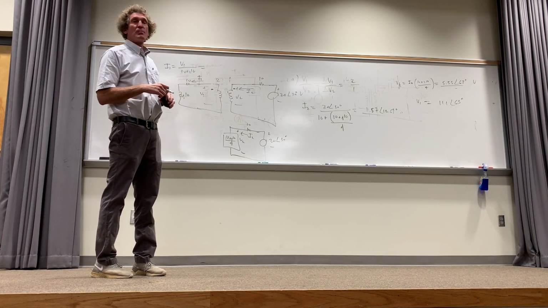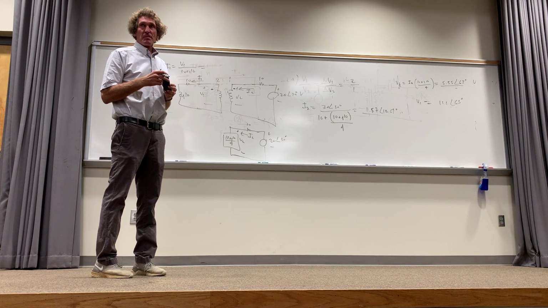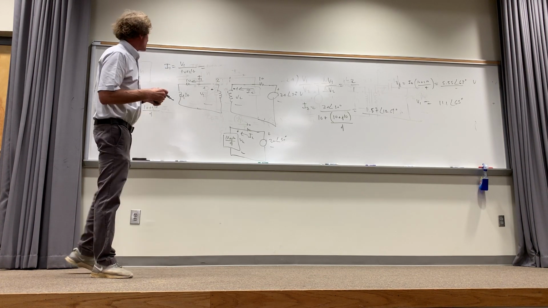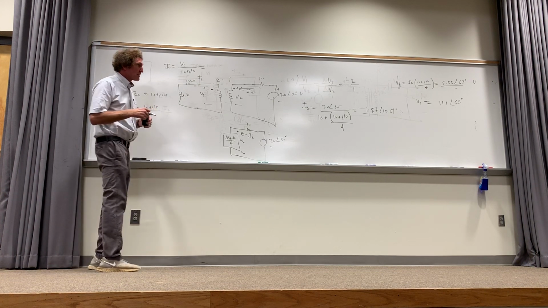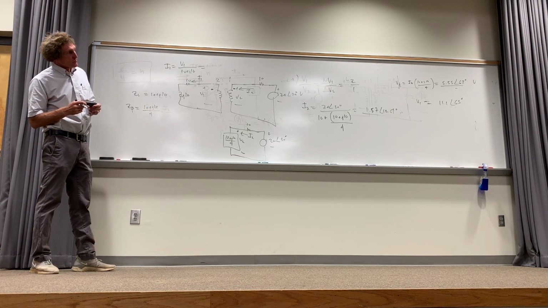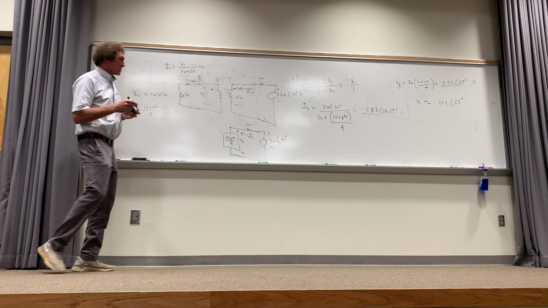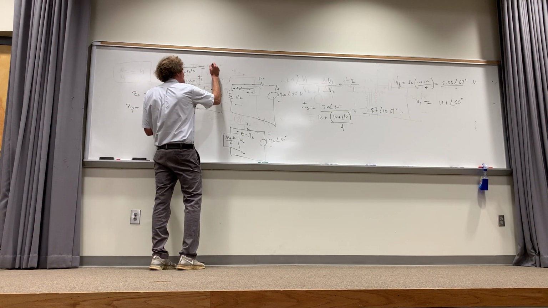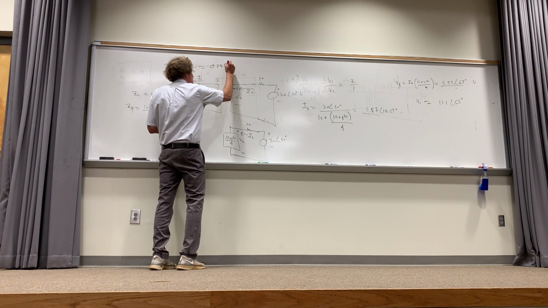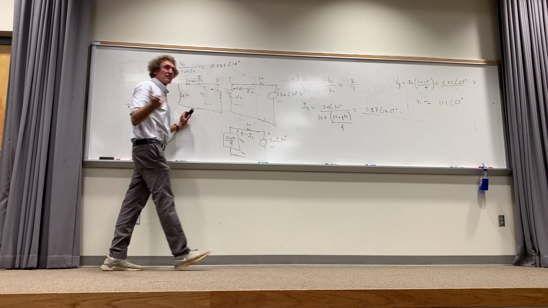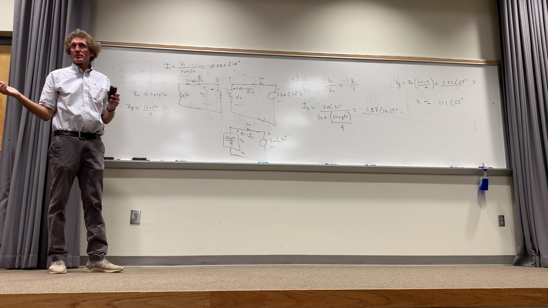I call it 11.1. And at 63, if you take that and divide it by 10 plus j10, what do you get? 1 point something, an angle of, I don't know. 0.785, an angle of 18. Anybody confirm that? Yep. All right.